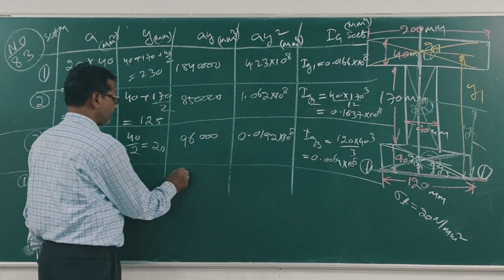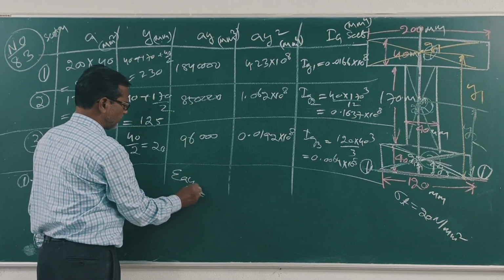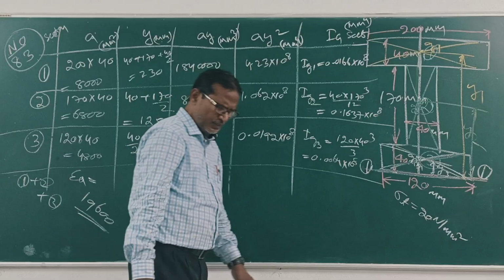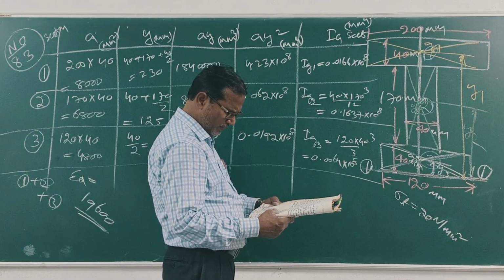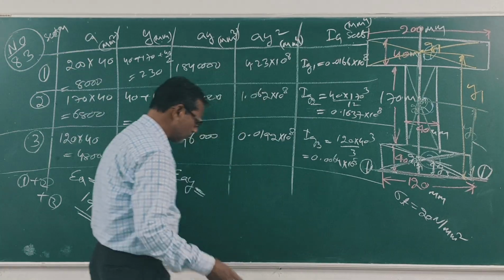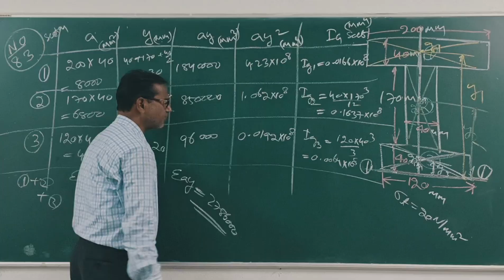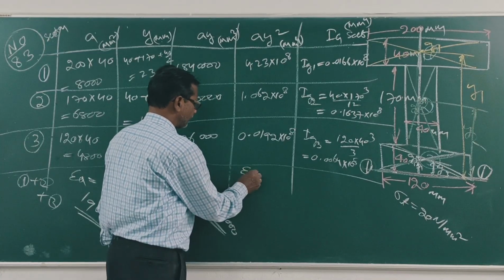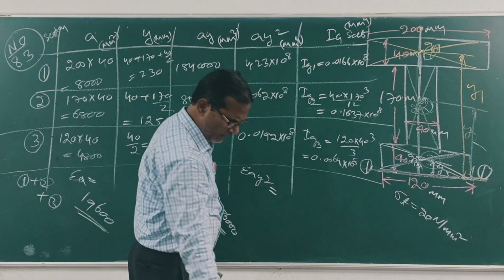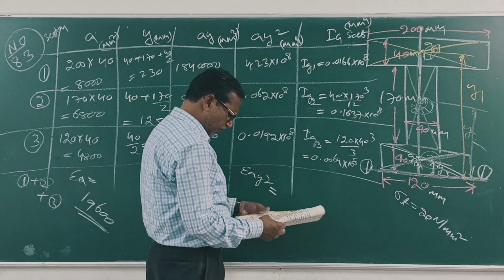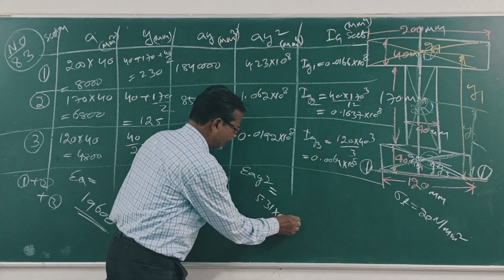Sigma ay is 2786000. Sigma ay square, this plus this plus this, is equal to 5.31 into 10 to the power 8.